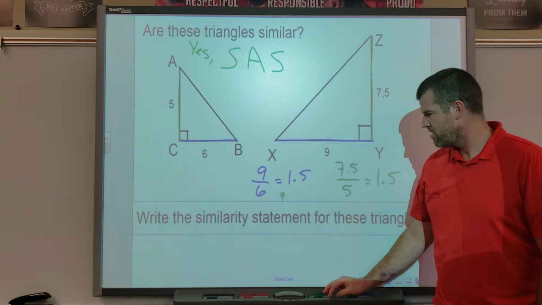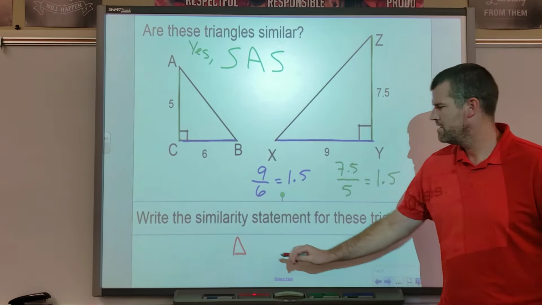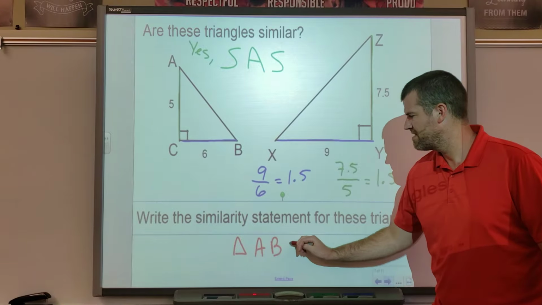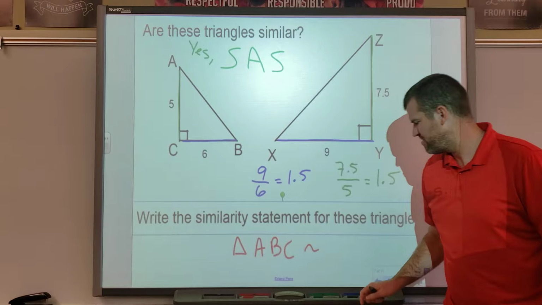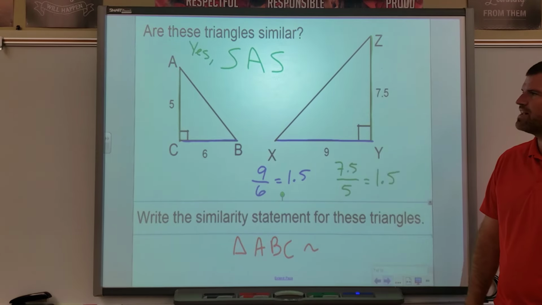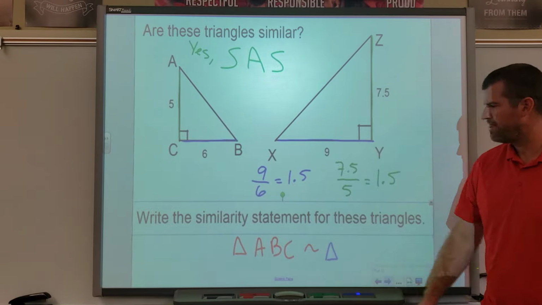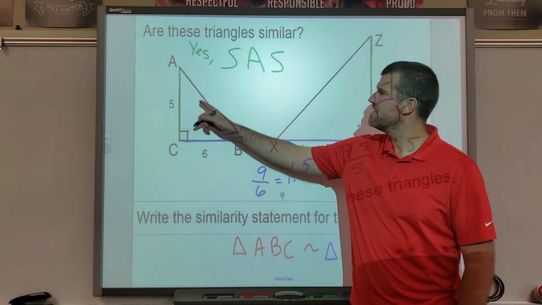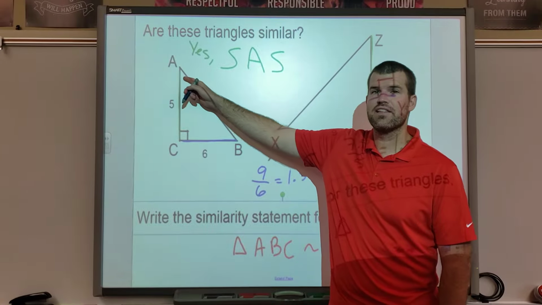Now when we go to write our similarity statement, I need to make sure that I put the angles in the correct order. So if I call my first one triangle ABC, how should I match up my second triangle? Well, angle A is this vertical piece and the hypotenuse where they come together.